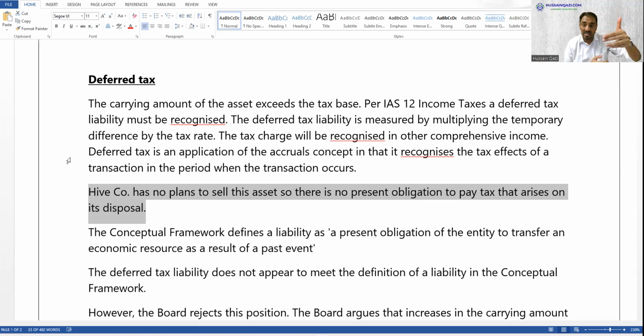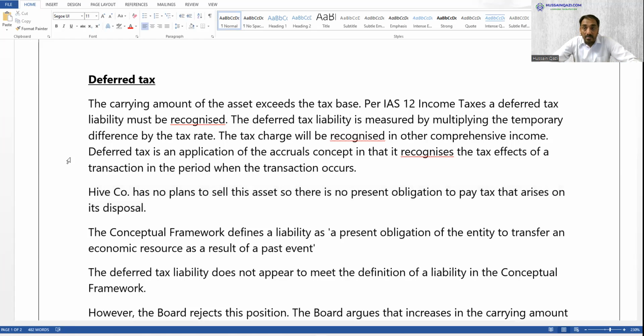But the point is that the company has no commitment at the fair value date that it will sell the asset. IAS 12 says that even if the company has no intention to sell the asset, you have to record the deferred tax liability. So why is it? Because of the requirement of IAS 12.